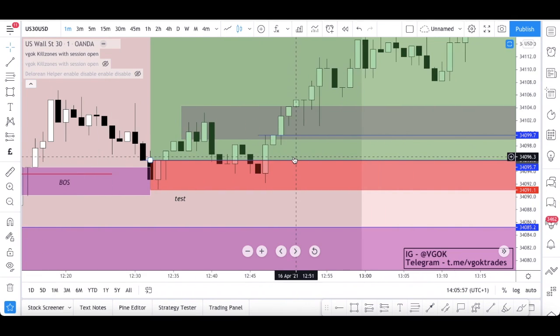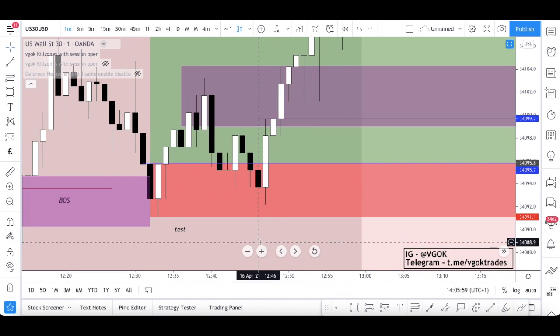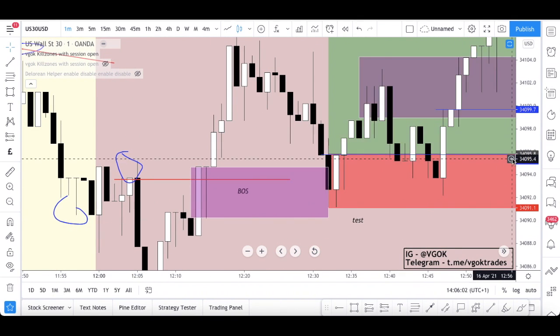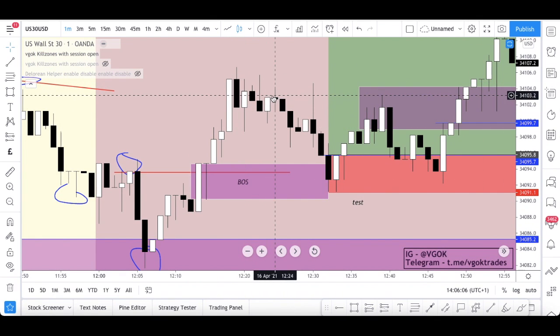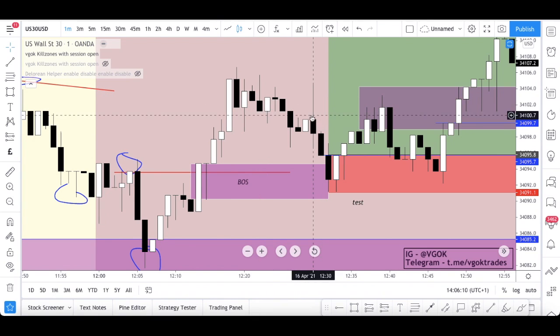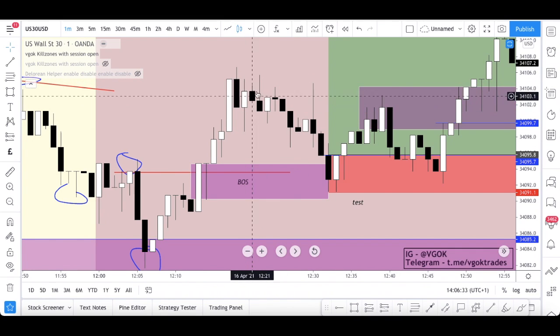Now, as we can see price further on, what we can see is lower highs and lower lows being created. The important thing about this certain trade scenario is that market structure is based on the bodies of the candlesticks, not the wicks.